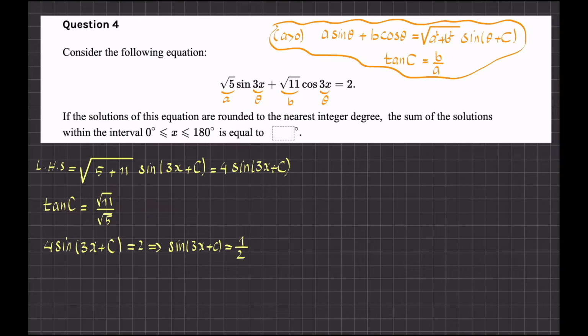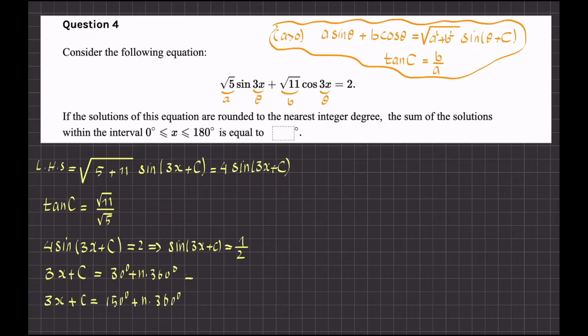So if I want to solve this equation, 3x plus c becomes sine inverse of 1/2. If you don't remember, you can look it up in the table. It is 30 degrees plus n times 360 degrees. Of course, I will also have another alternative, and that is 3x plus c is 180 minus 30, which is 150 degrees, plus n times 360 degrees.